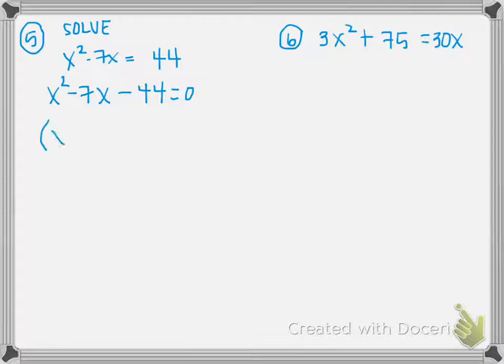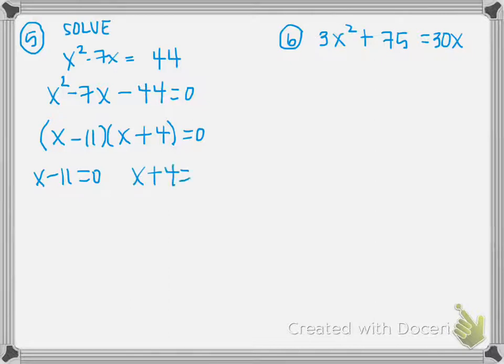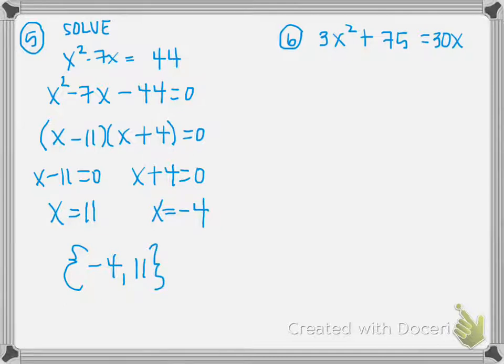So that is going to be a negative 11 and a positive 4. Let's set both of those equal to 0. So x is going to be 11 and x is going to be a negative 4. So you can write them in the solution set here.